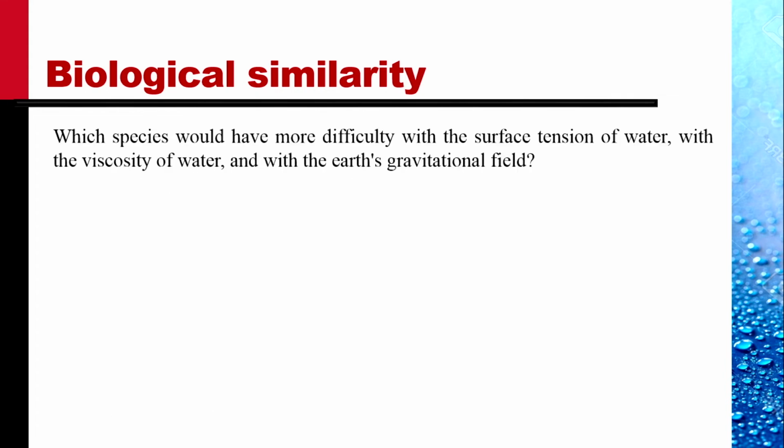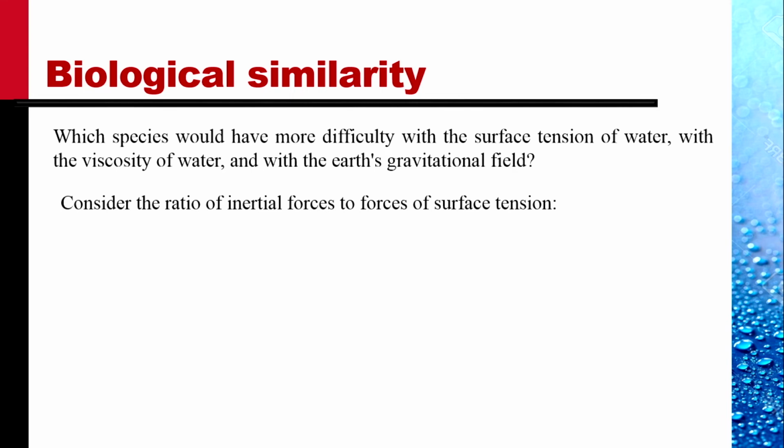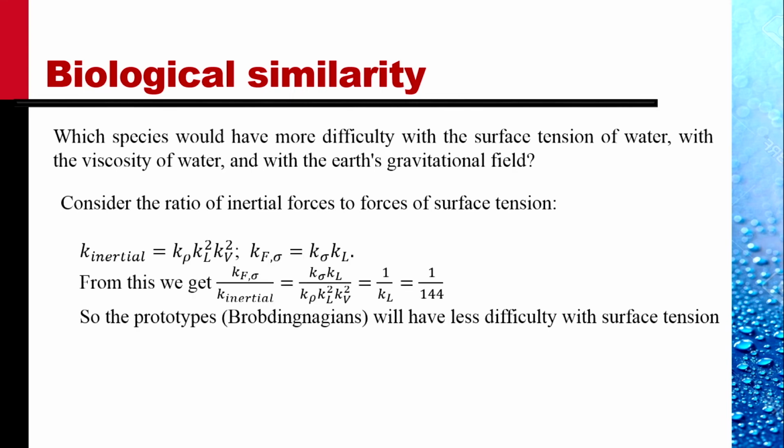Interesting. Which species would have more difficulty with the surface tension of water, with the viscosity of water, and with the Earth's gravitational field? Consider the ratio of the inertial forces to the forces of surface tension. Inertial forces are like K rho, KL squared, KV squared. The surface tension forces scale factor Kf sigma is like K sigma KL.